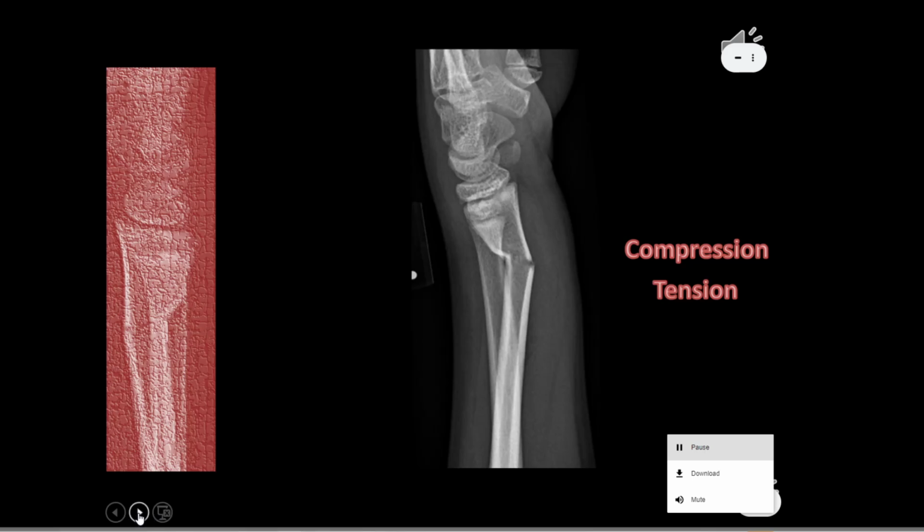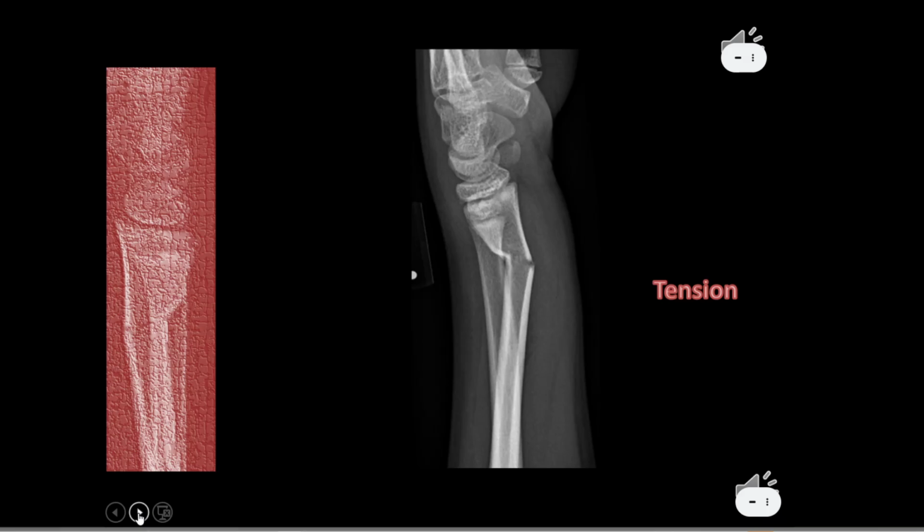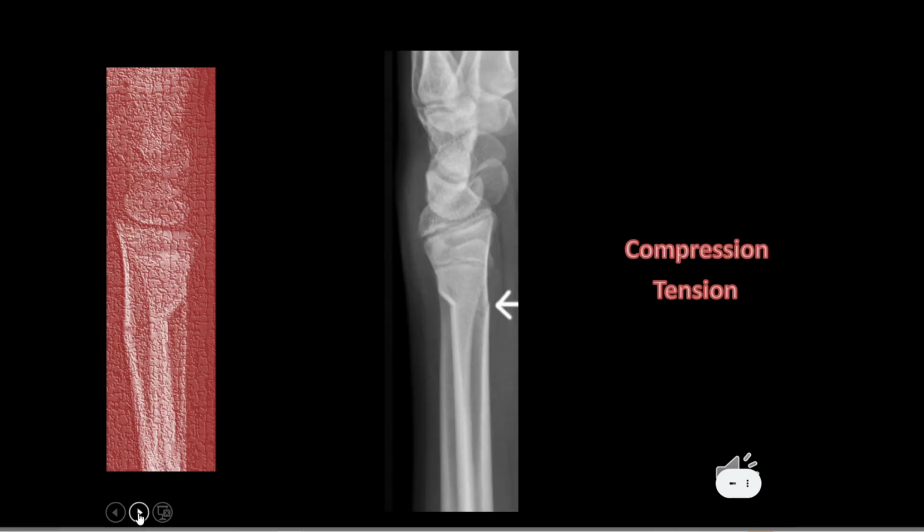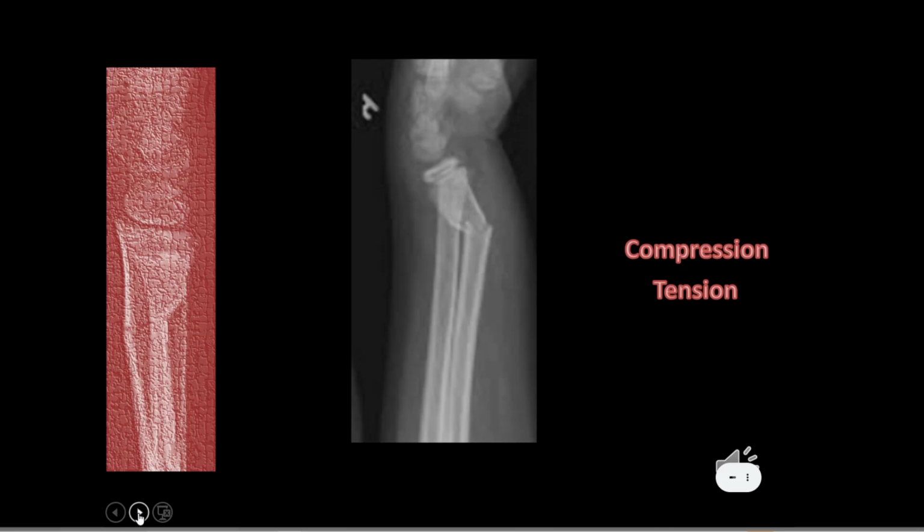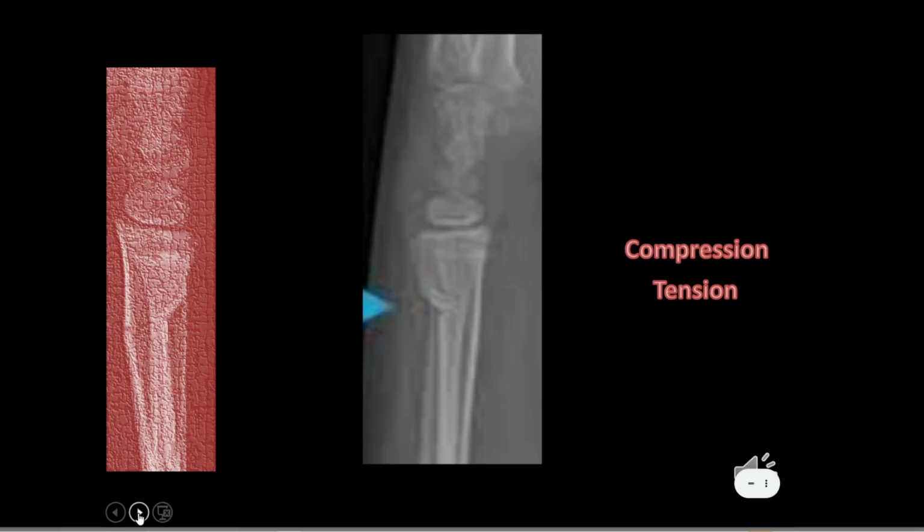Is this a compression fracture or a tension fracture? Is this one a compression fracture or a tension type greenstick fracture? What about this one? And this one?